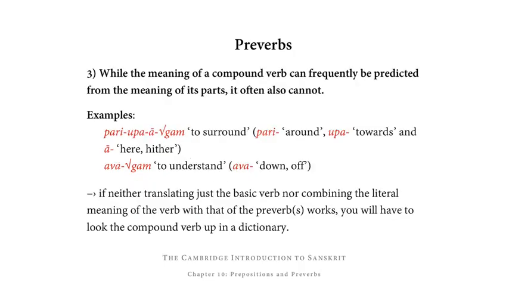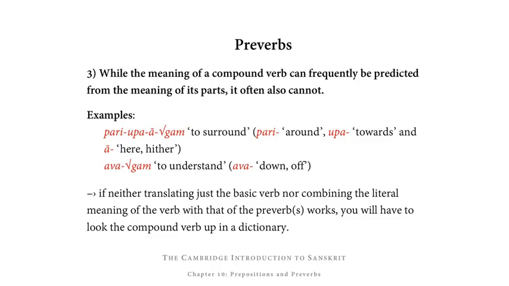Number 3, while the meaning of a compound verb can frequently be predicted from the meaning of the compound verb's parts, so the preverbs and the verb itself, this meaning often can also not be predicted. For example, it may be slightly difficult to arrive at the meaning of to surround just by looking at the elements of pari, upa, ā, and gam, so to go around, towards, and hither.